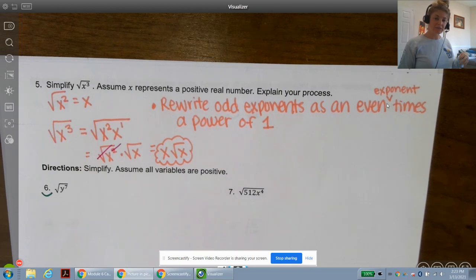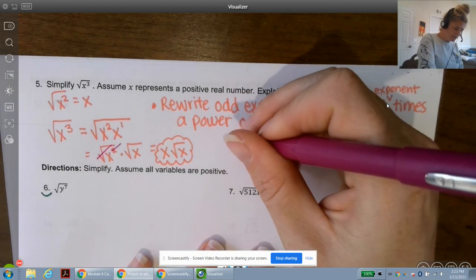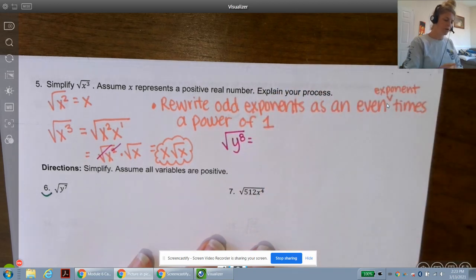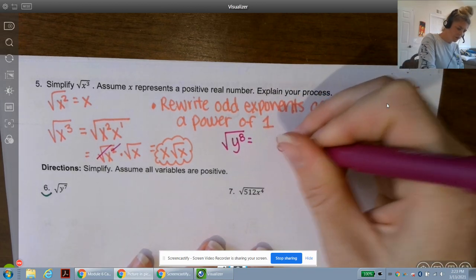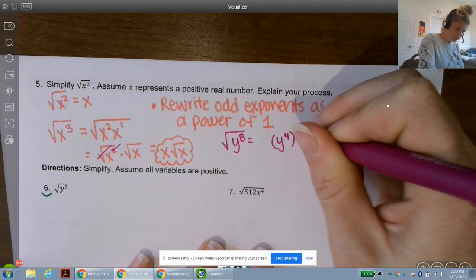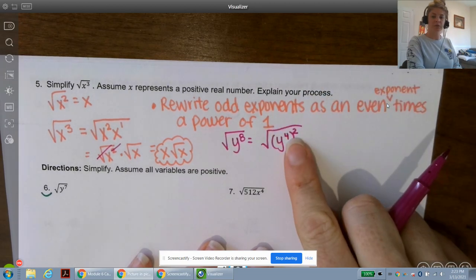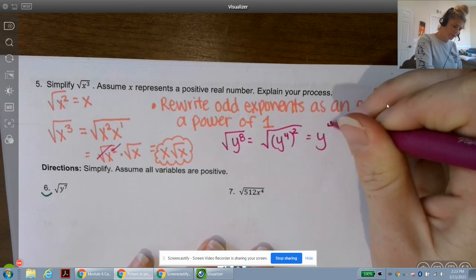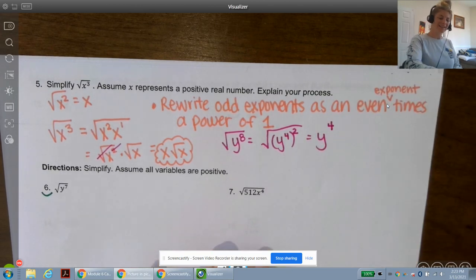If we had an even exponent, such as the square root of y to the 8th, we're going to rewrite it to a power of 2 so that square roots and squaring are inverse operations and cancel out. So y to the 4th being squared, square rooted: 4 times 2 is 8, which would be y to the 4th. You might notice a slick trick.